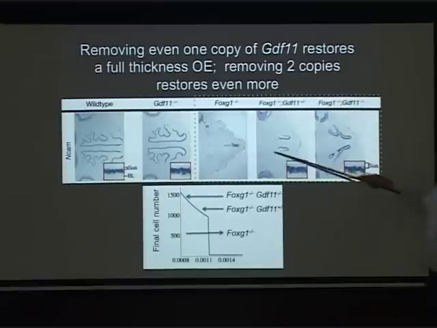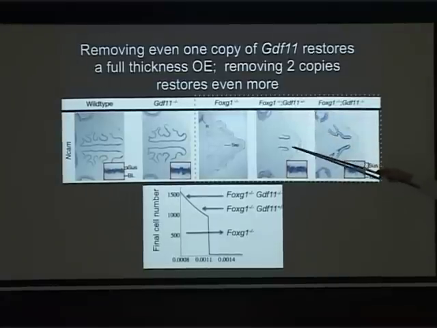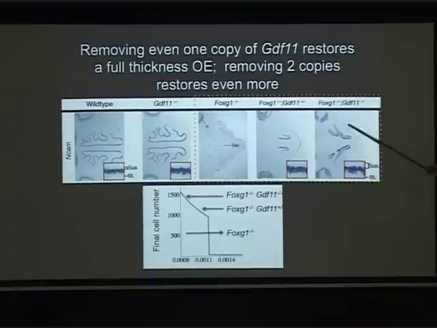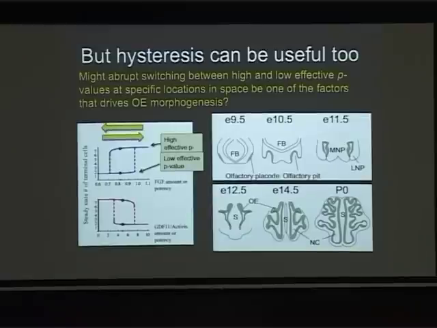And you can see abruptly the epithelium comes back when you've just taken away 1 copy of GDF11. Doesn't come back any thicker over here. It's a little more extensive, but the thickness is perfectly normal over here. So it's essentially an example of that ultra-sensitive behavior that you predict.